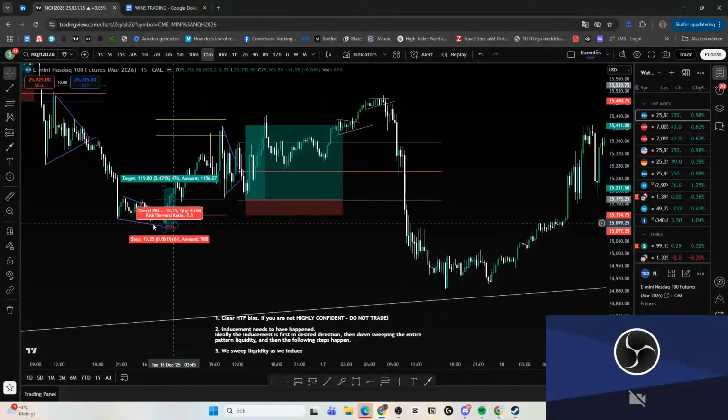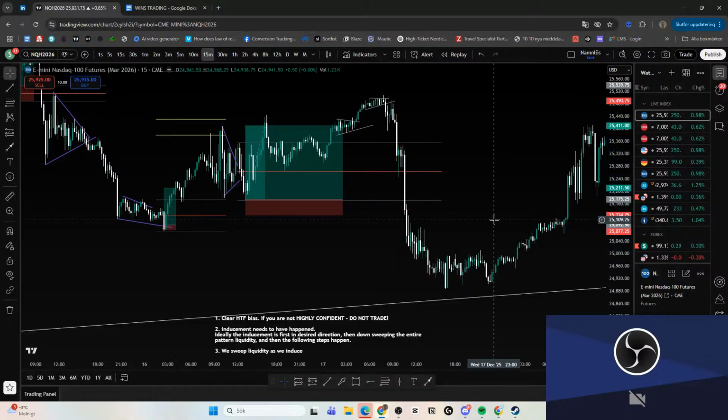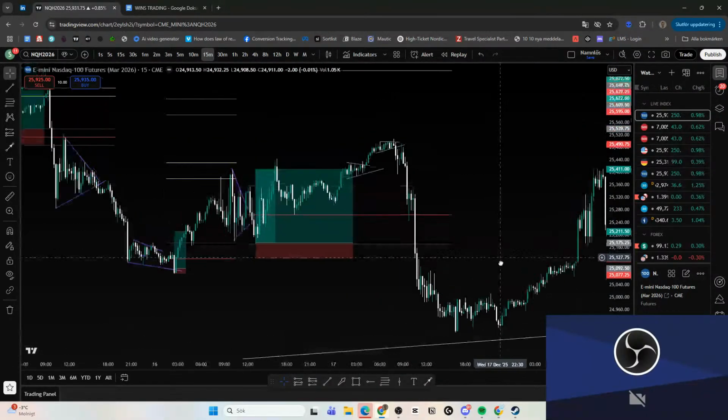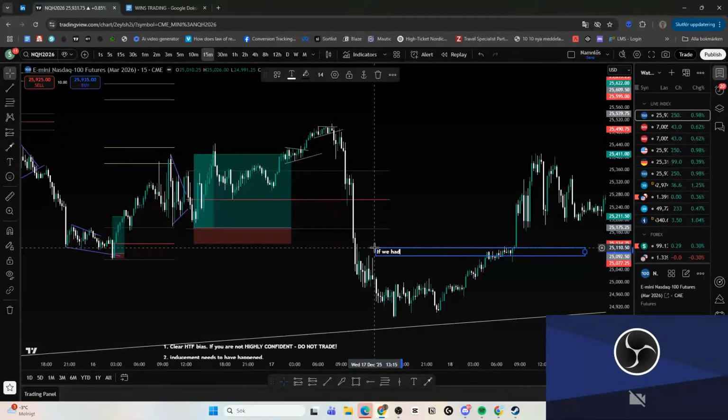Like, and also probably if we have had the big move already, it's probably not the trade you want to take. I think, like down here, if we have.